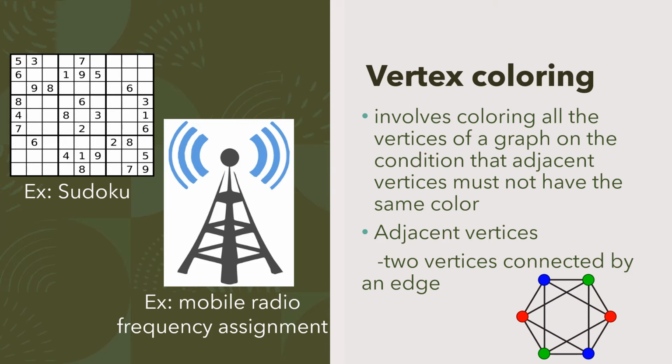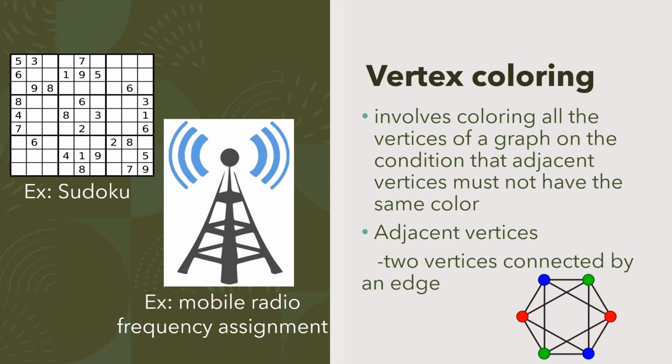First is the most common graph coloring problem, which is vertex coloring. It involves coloring all the vertices of a graph on the condition that adjacent vertices must not have the same color. Adjacent vertices are essentially two vertices that are connected by an edge.